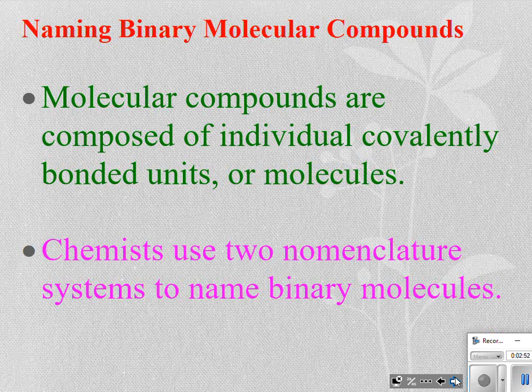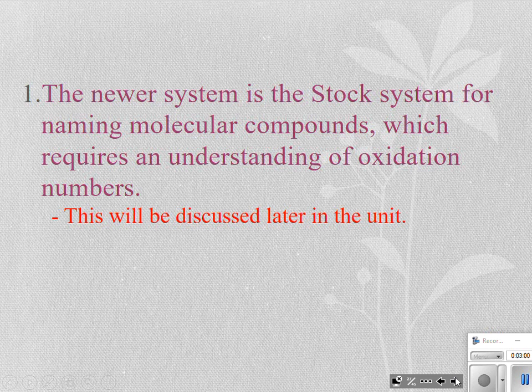Now, we use two different systems when we use binary molecules. The first one we're going to talk about is the newer stock system for naming molecules. We will discuss that later on in this unit.